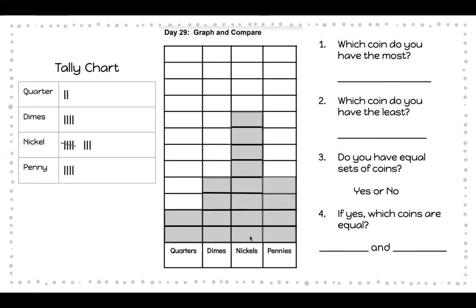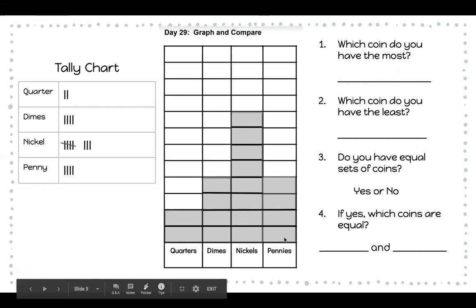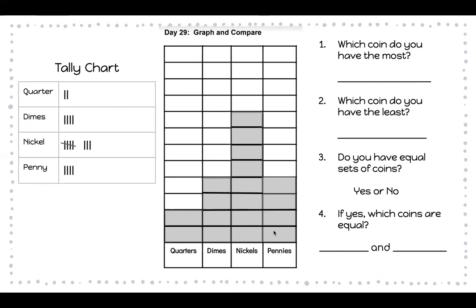For nickels, I have 8 nickels, so I have 8 boxes filled in. 1, 2, 3, 4, 5, 6, 7, 8. Now I also have 4 pennies, so I have 4 boxes colored in. 1, 2, 3, 4.